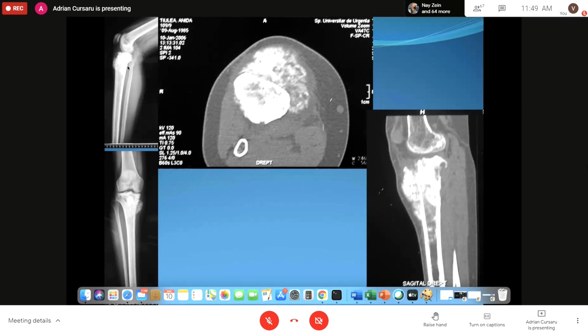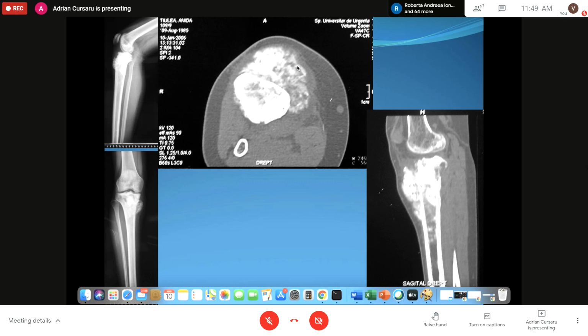It is a pathologic bone. We have a lesion that is 2 or 3 centimeters on the X-ray, but you will see a very good invasion on the CT scan, bigger than the tibia, the invasion. It is a big one. It's an extracompartmental type of lesion of a malignant tumor.